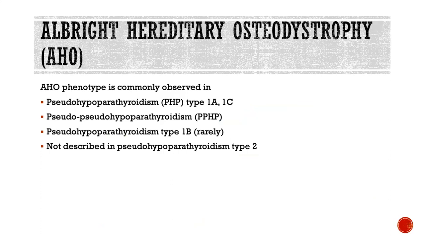Few words about Albright hereditary osteodystrophy. This phenotype is commonly observed in pseudohypoparathyroidism type 1A and type 1C, in pseudopseudohypoparathyroidism, and pseudohypoparathyroidism type 1B rarely, and it is not described in pseudohypoparathyroidism type 2.